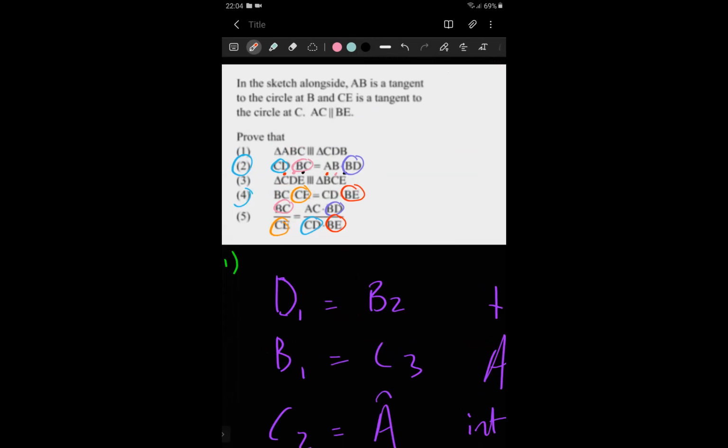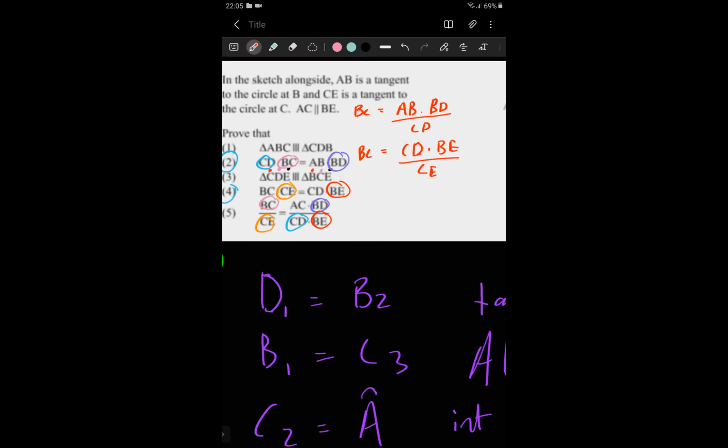So let's see what happens if you isolate BC in one of them and isolate BC in the other one. BC here would be equal to AB dot CD, the whole thing over CD. If you isolate BC in the other one, you would have BC is equal to CD dot DE and then CE.